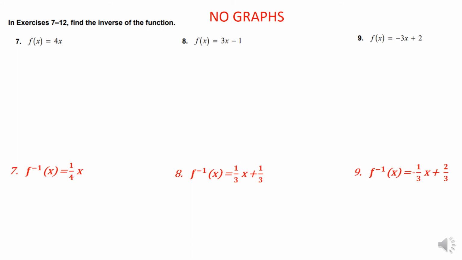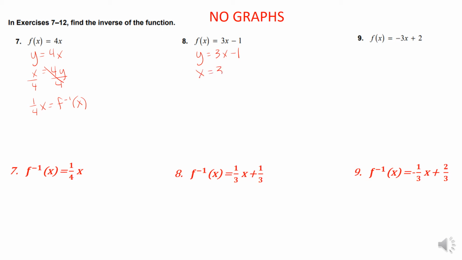Okay, so first thing I do is I change this to y equals 4x. Then I switch my x and y. And then I simplify by getting y alone. So 1/4 x equals the f of negative 1 of x. Over here, change it to a y. And then I'm going to switch them.